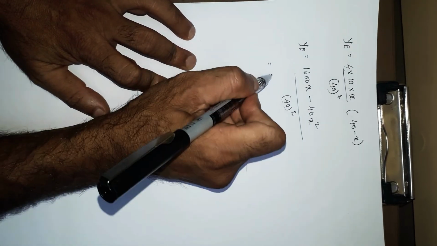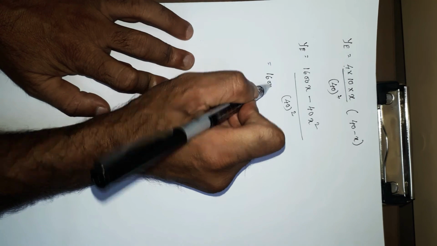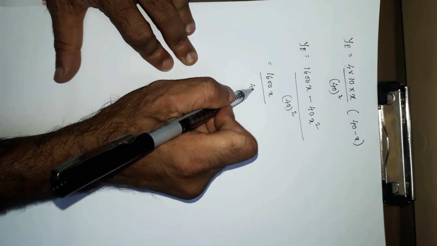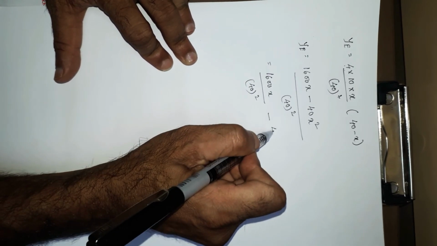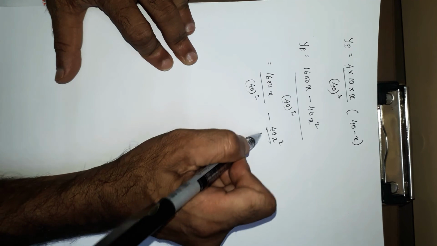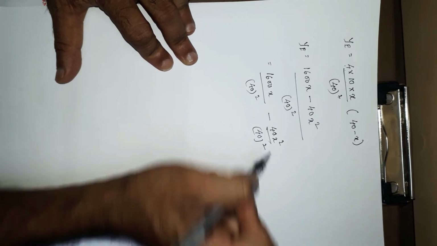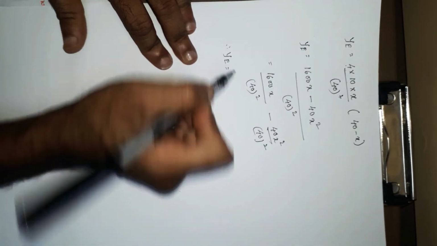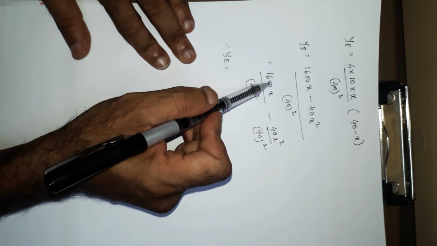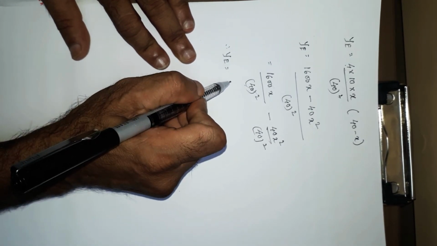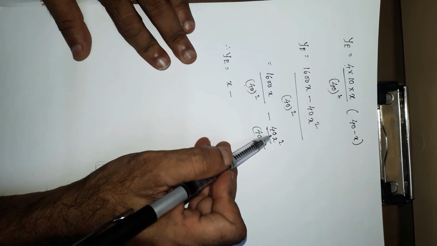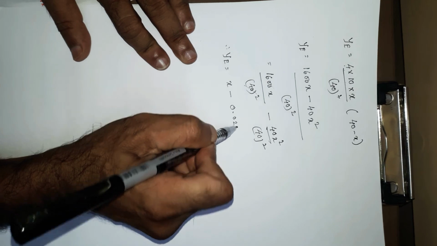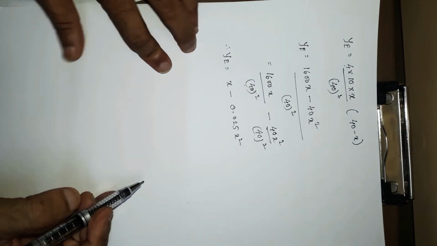So I can write this as 1600 X divided by 40 square minus 40 X square divided by 40 square. Here this and this get cancelled, so YE is equal to X minus, with 40 divided by 40 square, 0.025 X square.